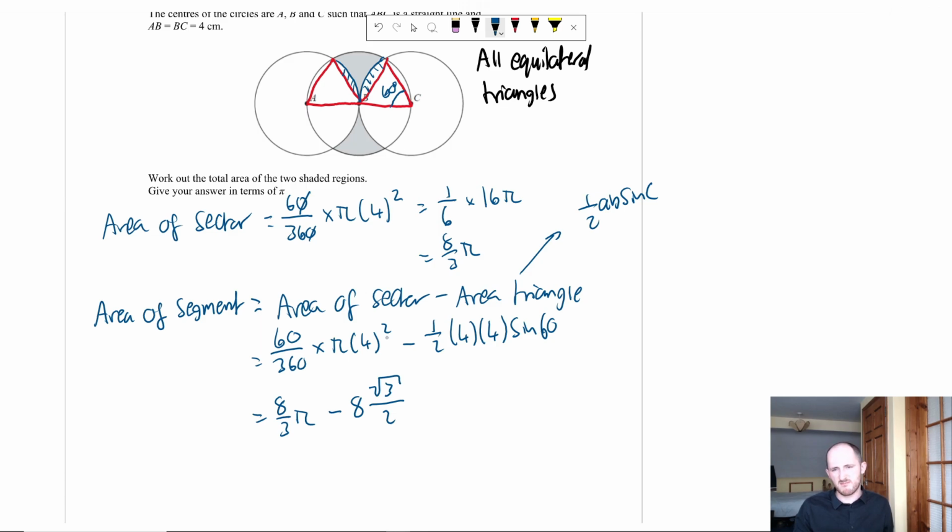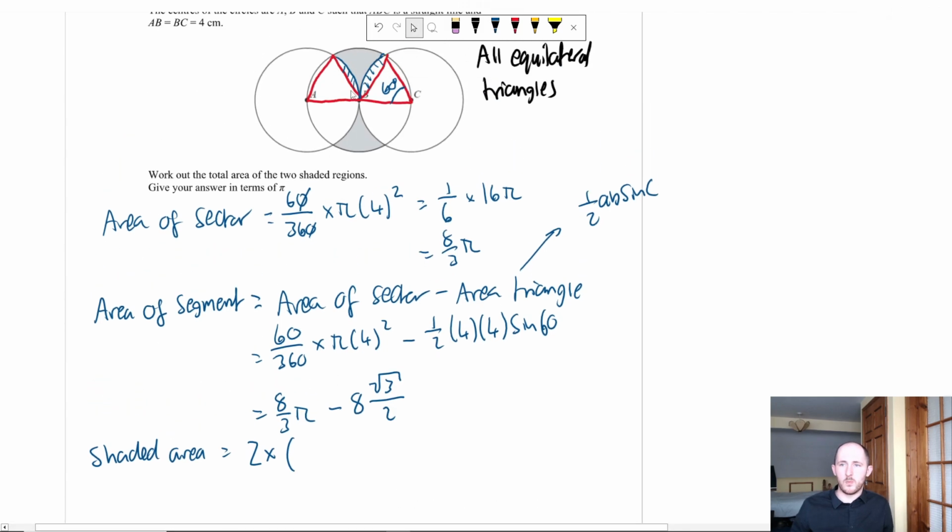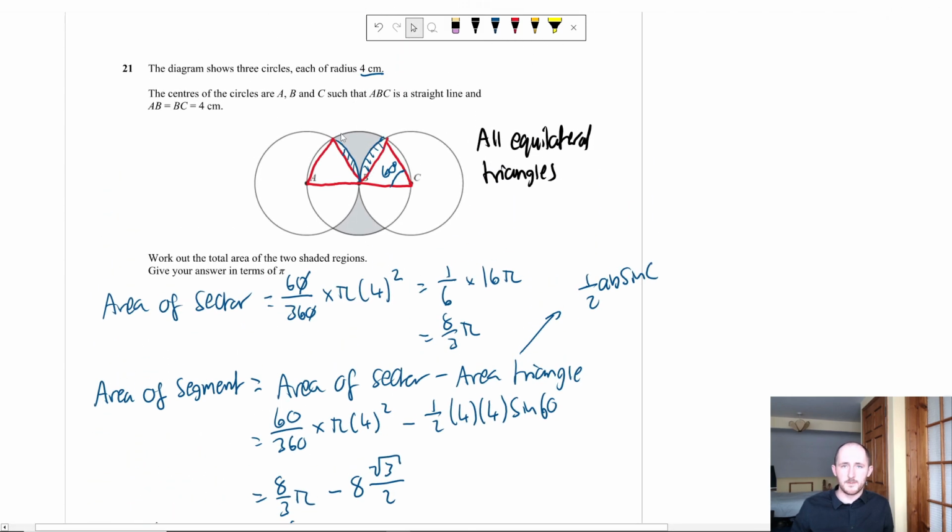Let's leave it for now. So, the area of this top bit here, the shaded area, is equal to 2 times. So remember, we're working out the top section. So to get the bottom, I'm going to double it.